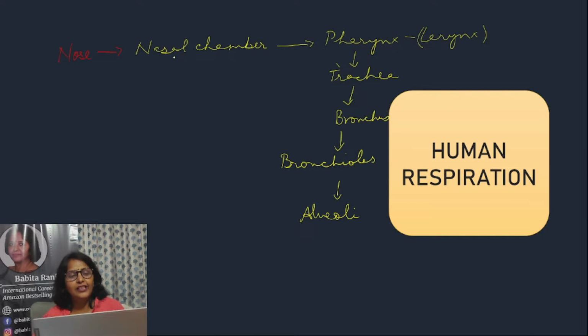So when it passes through the nasal chamber, what happens? We have hair and mucus in this area, and they try to filter the air that is getting inside our body.